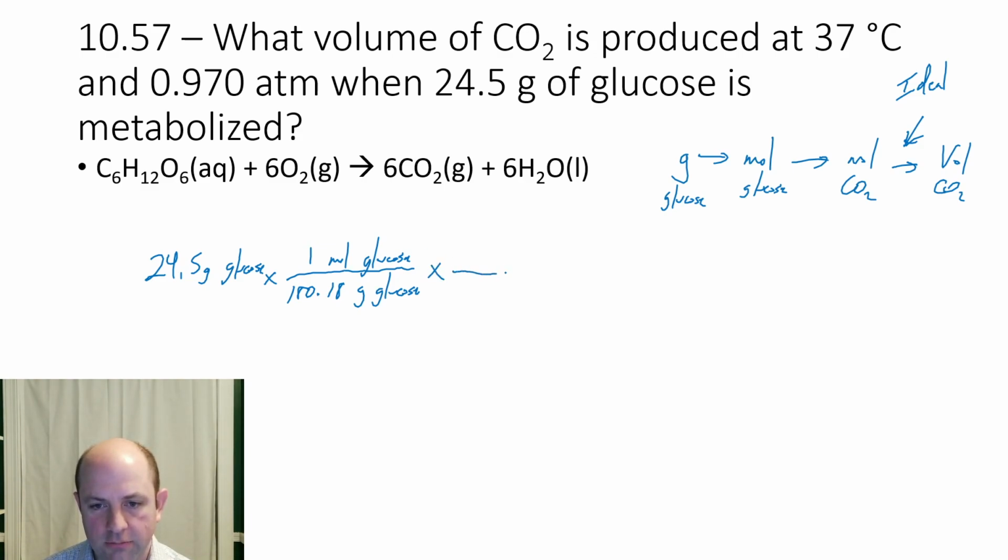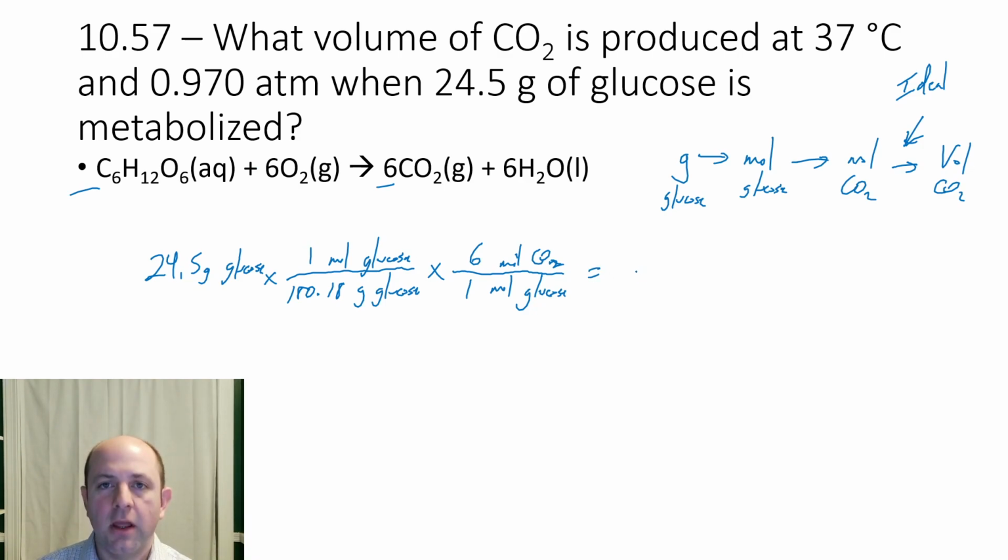We'll then go ahead and say, okay, well that means moles of glucose on the bottom and moles of CO2 up top. Here we use our molar ratio. It's 1 mole of glucose with 6 moles of CO2. And then we're going to stop here.